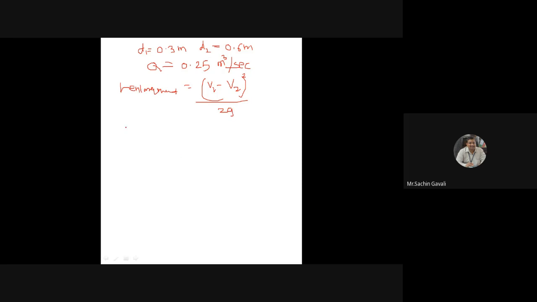So V1 is equal to Q upon A1, which is equal to 0.25 divided by pi by 4 into D1 square, that is 0.3 square.